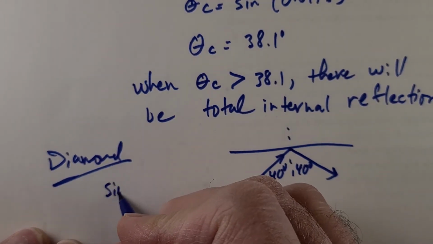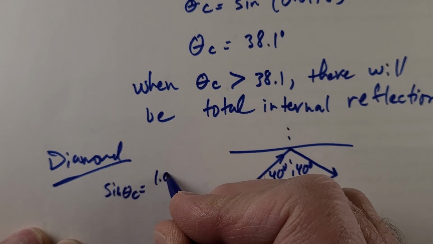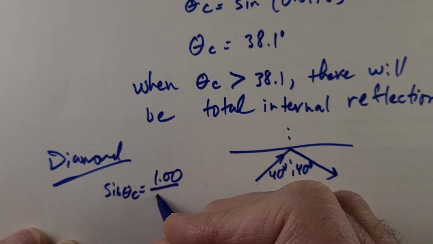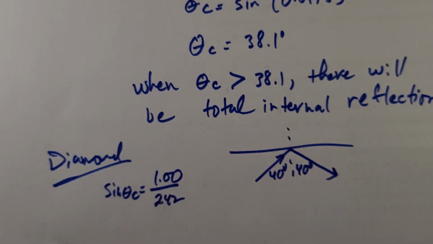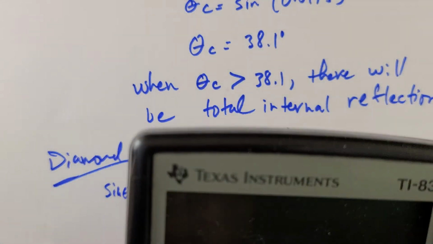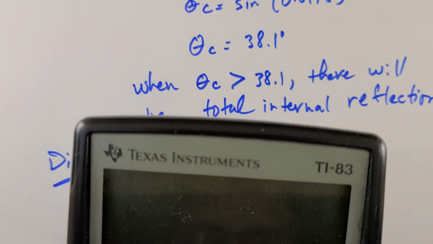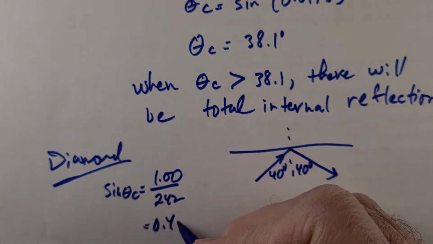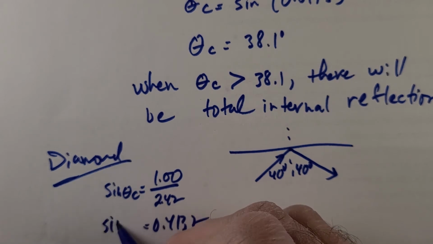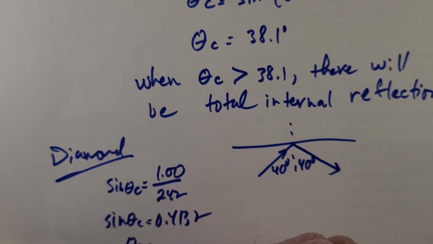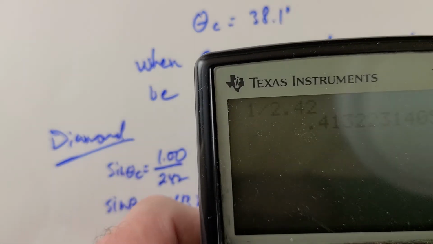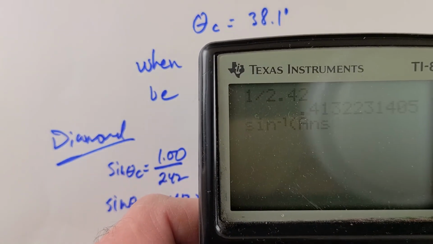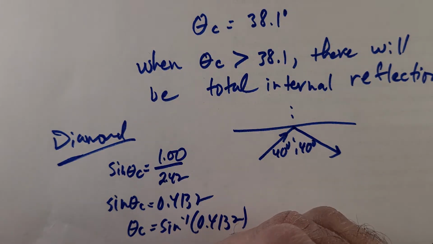Sine theta c going into air, starting in diamond, 1 divided by 2.42, that is 0.4132. So just for kicks, take the inverse sine of that, and look what we get: 24.4.